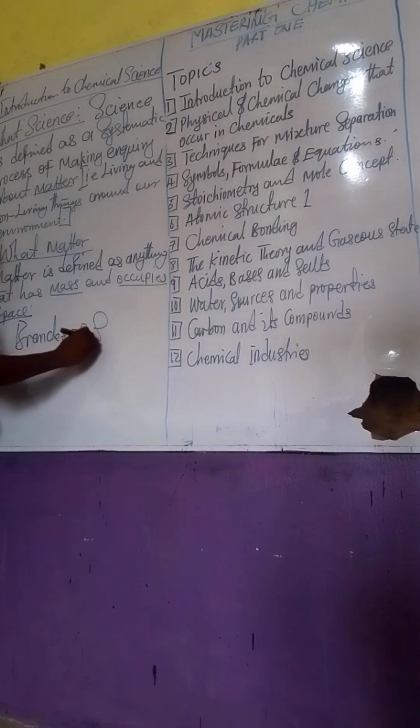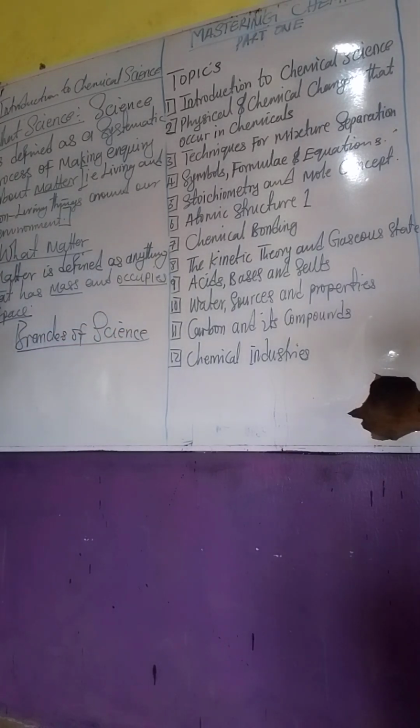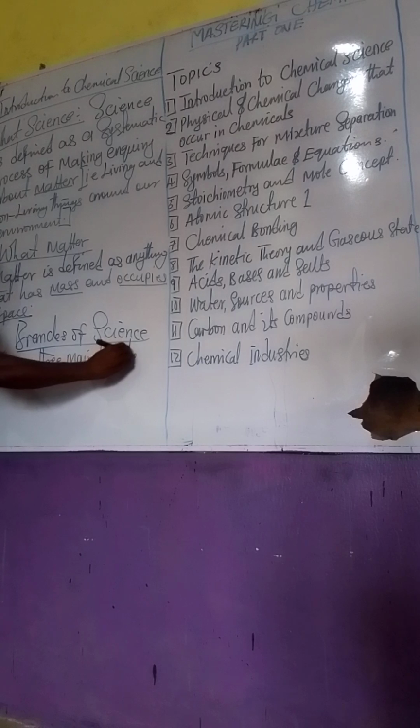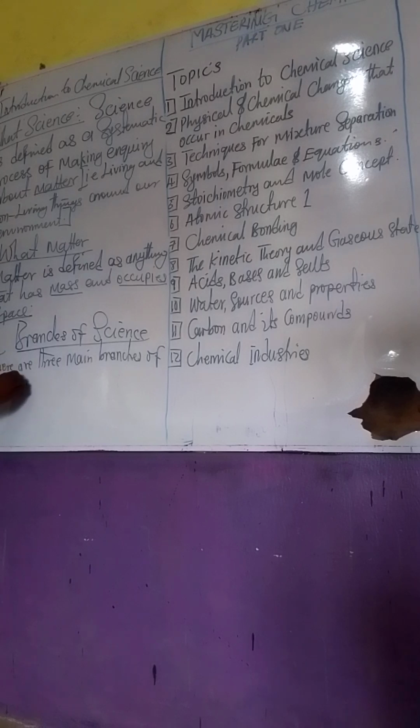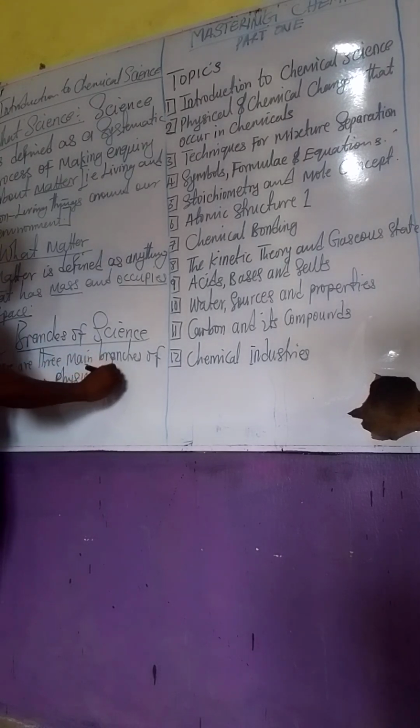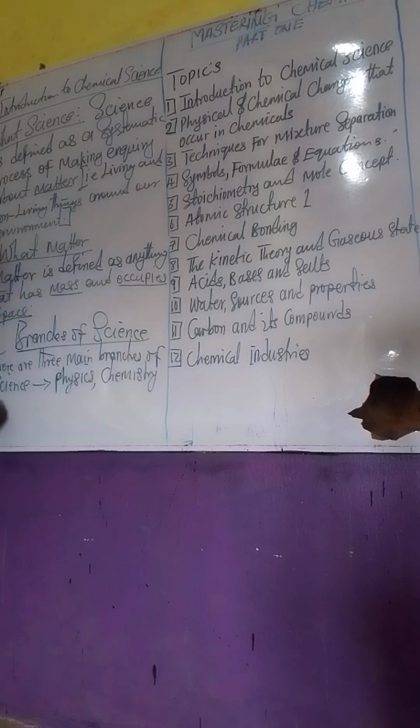Having said this, let's talk about the branches of science. There are three main branches of science: physics, chemistry, and biology.